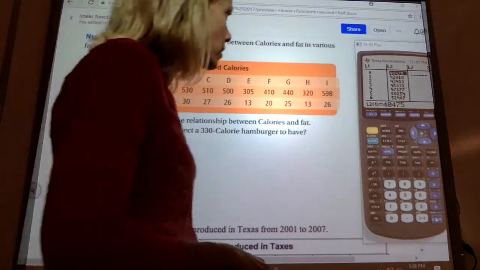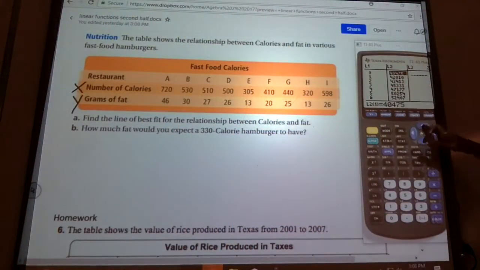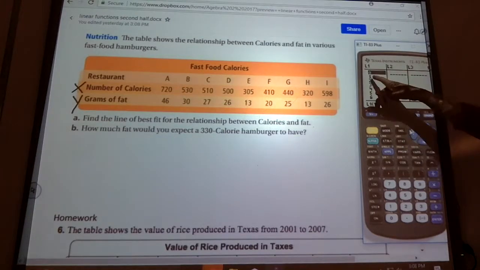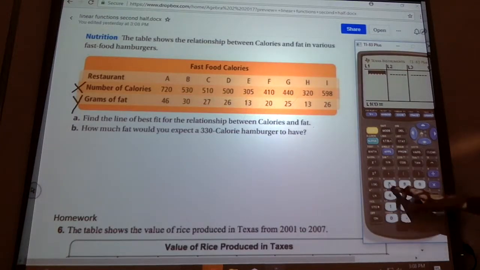So here's a quick way to clear your list so you don't have to delete all the numbers. You go up and highlight the L2, push clear, and then your down arrow, and it clears out the whole list. Or, right again, so I go up to the L1, push clear, go down, it clears out the whole list. So then I can put the calories into my list 1.